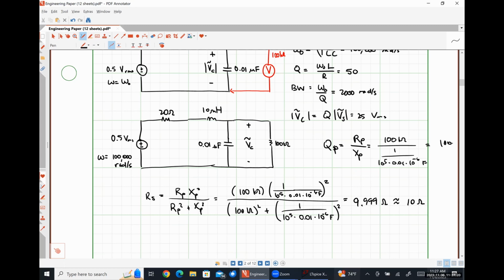Q for just this parallel network is well over 5, right? So we could have used our approximation.